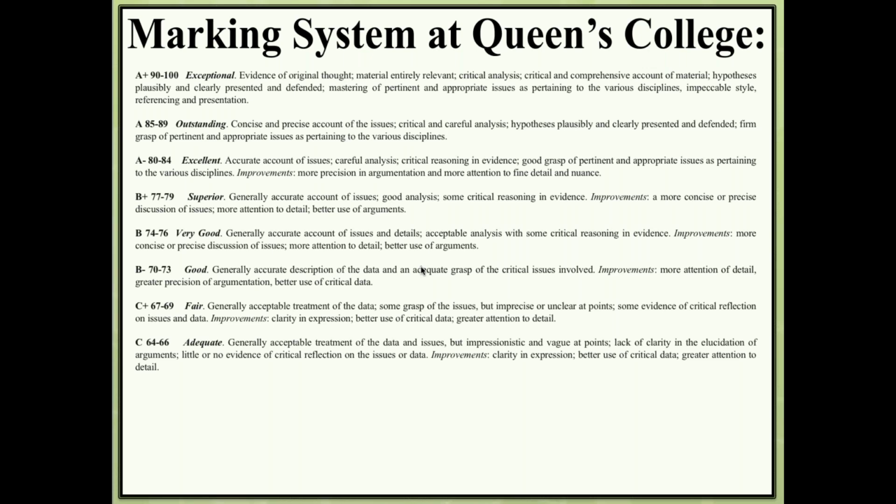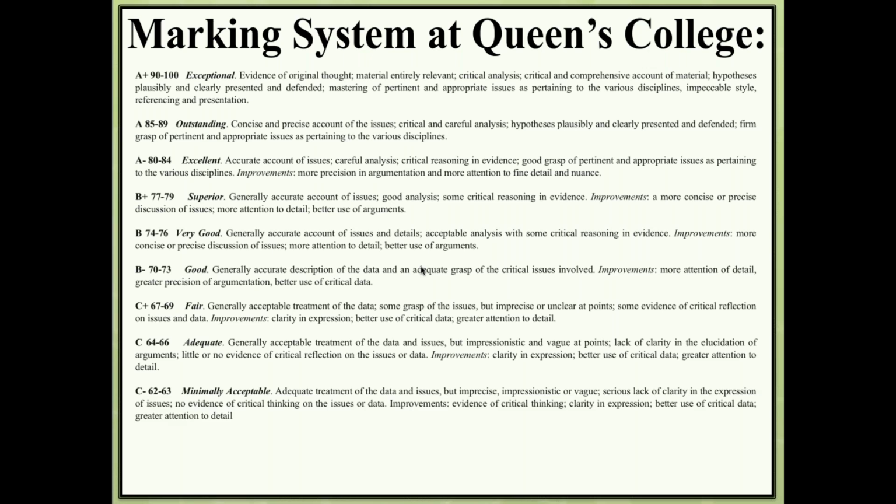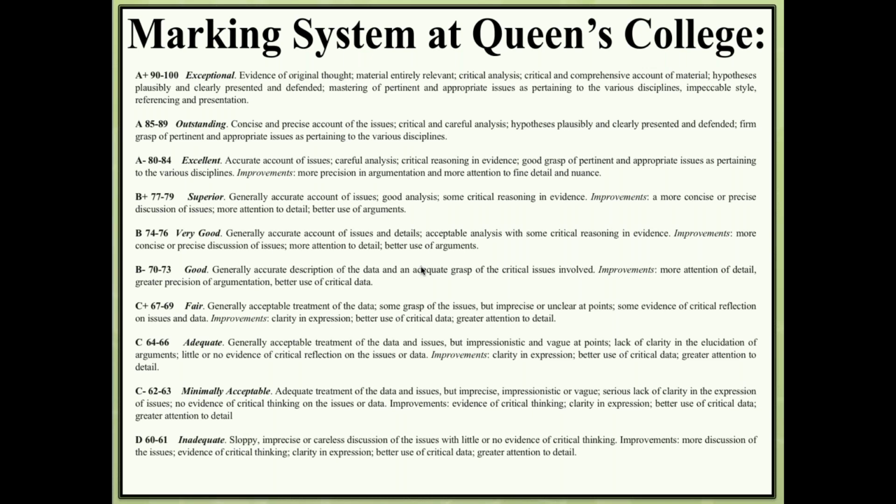And further areas of improvement would be clarity in expression, better use of critical data, greater attention to detail. 62 to 63, that's a C-, minimally acceptable, adequate treatment of the data and issues, but imprecise, impressionistic or vague, serious lack of clarity in the expression of issues, no evidence of critical thinking on the issues or data, and improvements would be evidence of critical thinking, clarity in expression, better use of critical data, and greater attention to detail.